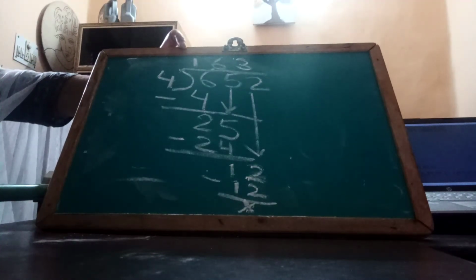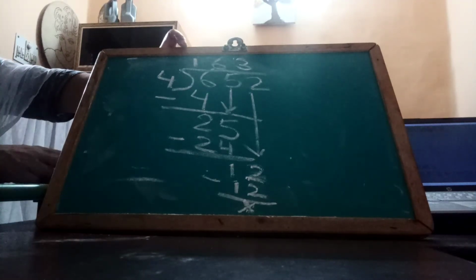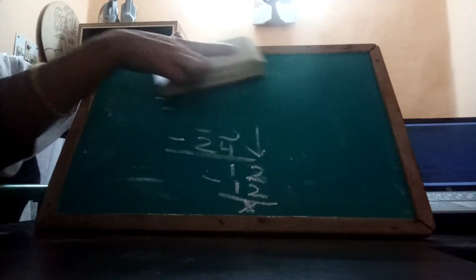Now let me tell you one thing. At times it may happen that you get a fill in the blanks question: dividend is equal to what? Then you remember one thing in mind. Dividend is the number which is divided.